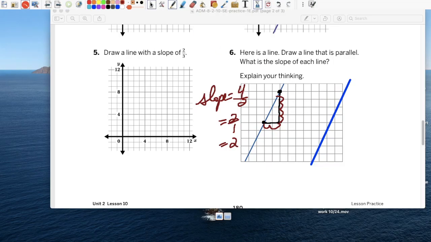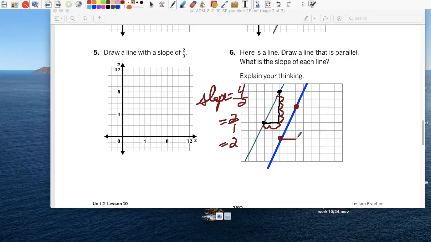Your parallel line, guess what? If a line is parallel to that one, it's going to have the same slope. So I don't know if it's parallel to begin with, but let me pick this point right here. So on the parallel line, I'm going to pick this point because I can see it. And I'll pick this point right here.